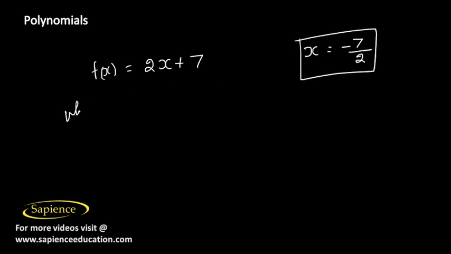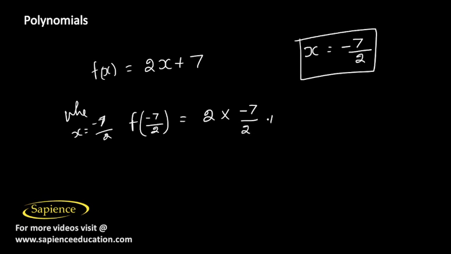So when x is equal to minus 7 by 2, f of minus 7 by 2 will be 2 into minus 7 by 2 plus 7, which is equal to minus 7 plus 7, which will be 0.